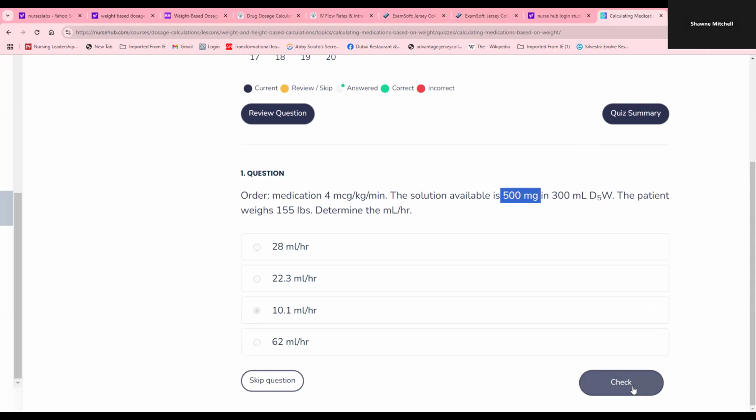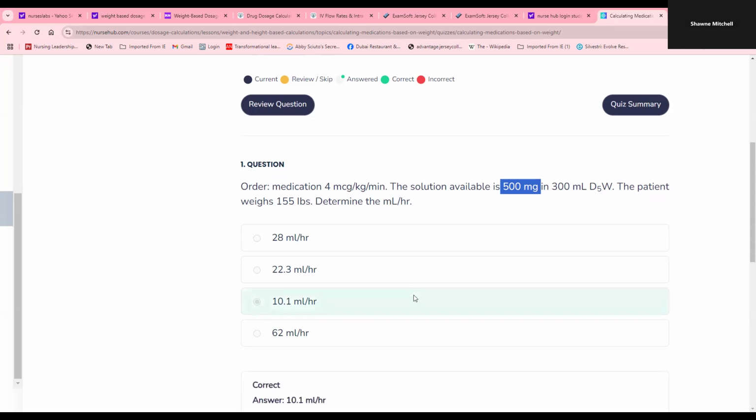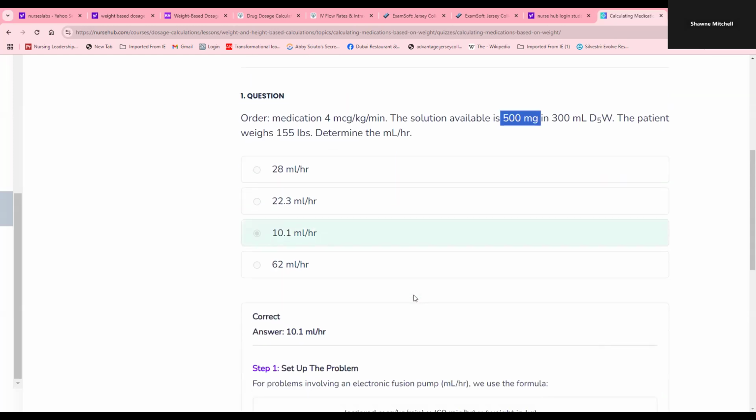Is there any tip you could give us to remember to times that by 60? Well, you have to be able to see. So when you're writing it down on the whiteboard, notice that when I wrote it down, let's go back to the whiteboard.